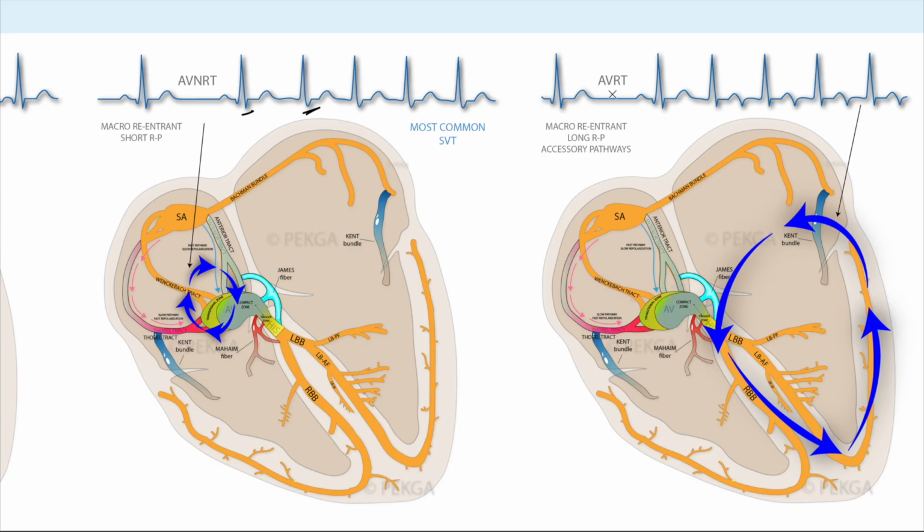The other possibility is AVRT. So there's no node being involved here. We're bypassing the node and going into atrioventricular reentry tachycardia, which can happen in two directions.